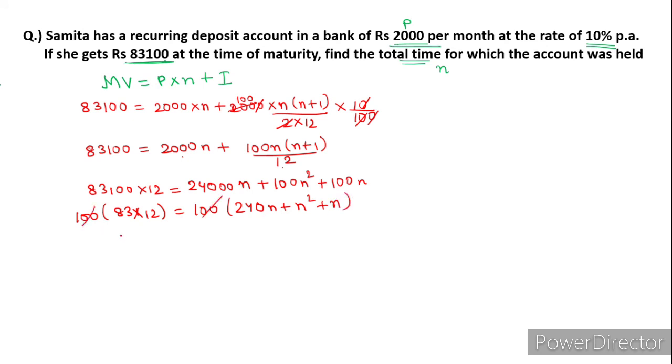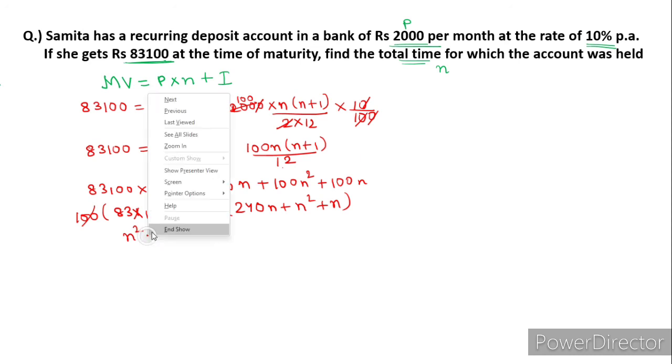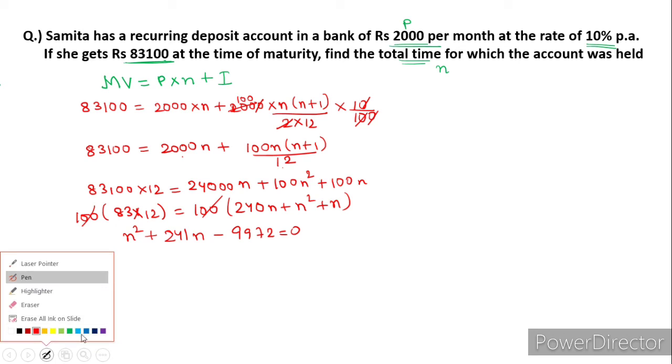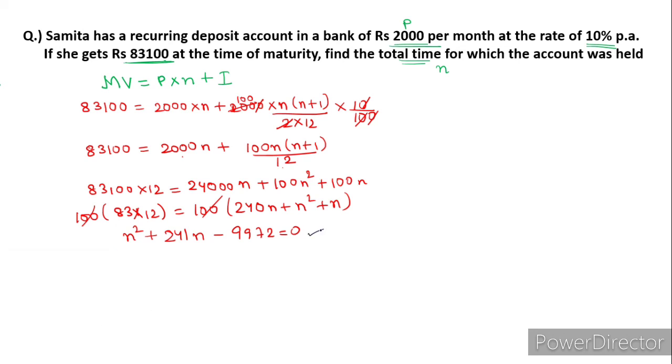The quadratic equation that you get is n square plus 241 n minus 9972. See, you can solve this quadratic equation either by middle term factorization, or if it is too difficult for you to solve, you can use the formula.